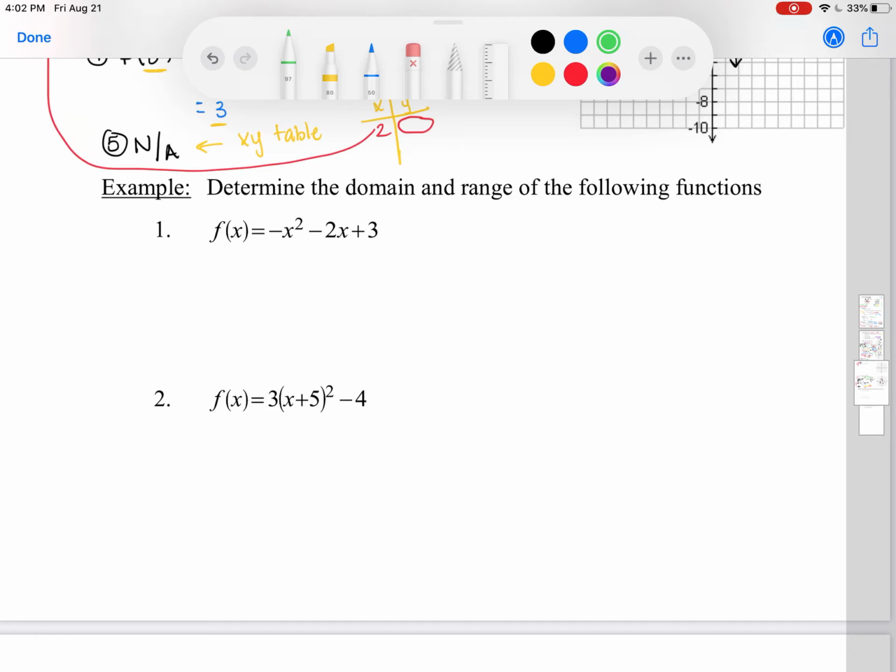All right, but as we get started, again, think about the same procedures. Identify the form, think about what A is going to do to your graph, and then the last bit of information that we're going to need here is our vertex.